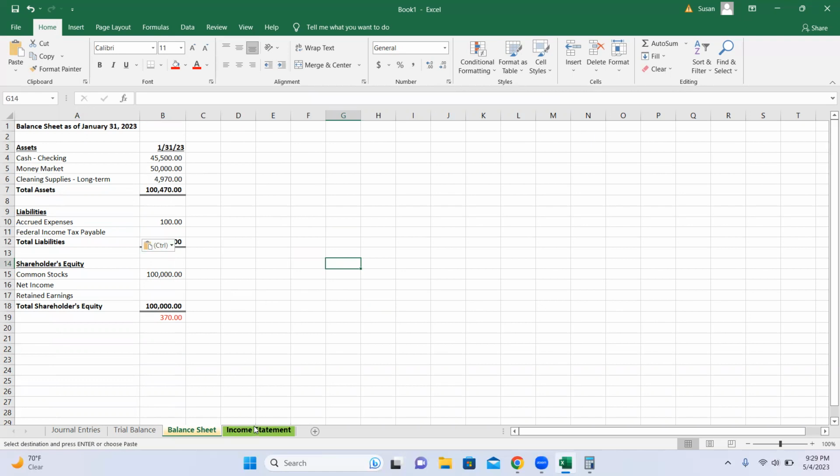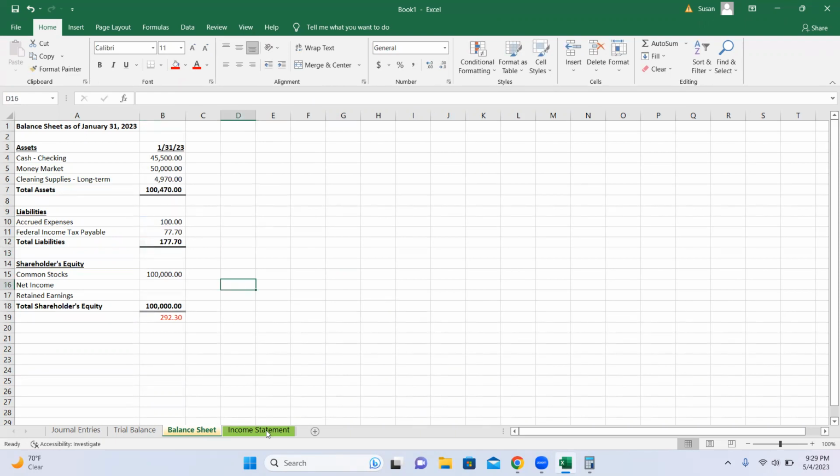And then at the same time, yeah, so now that I updated this formula, it should pull through here, and I'll have to update the sum because now it increased the liabilities.